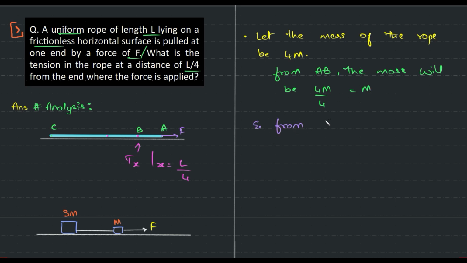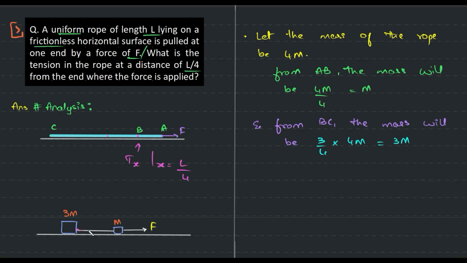And from B to C the mass will be, how much, guys? 4m minus m will be 3m. So 3/4 of 4m gives us 3m. Perfect. I'm converting this into a set of blocks.